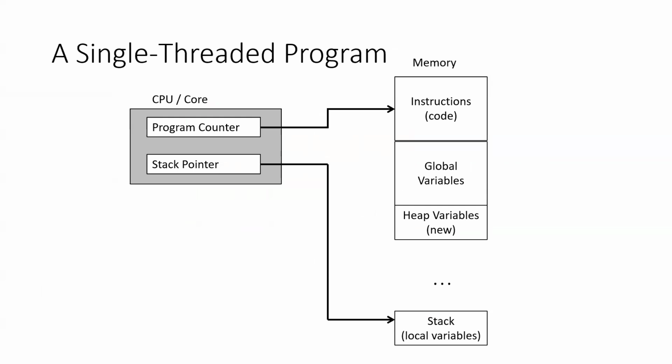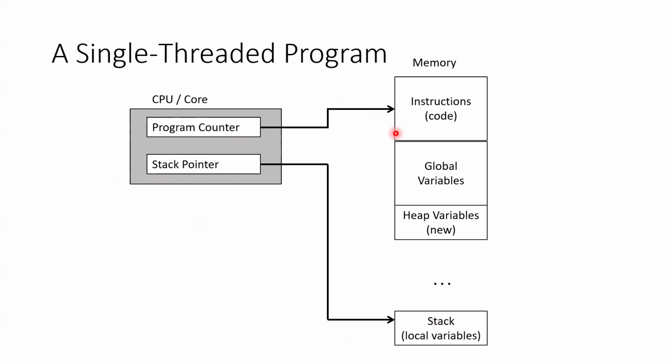In a single-threaded program, we have in our core the PC, the program counter, that is a pointer that points to somewhere in the instructions in memory, which you should already know from 243. You have a stack pointer that points to the stack position in the stack. The memory starts from 0.